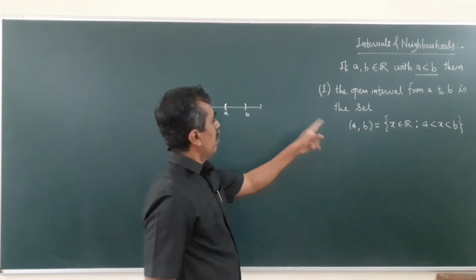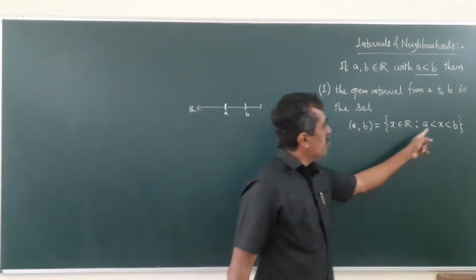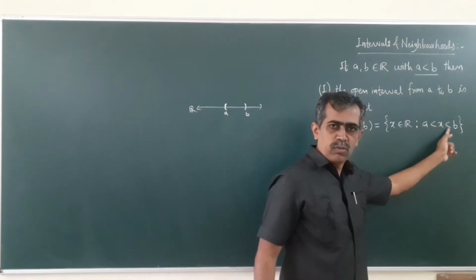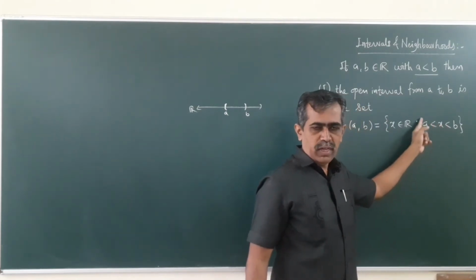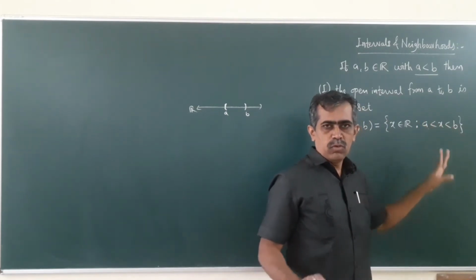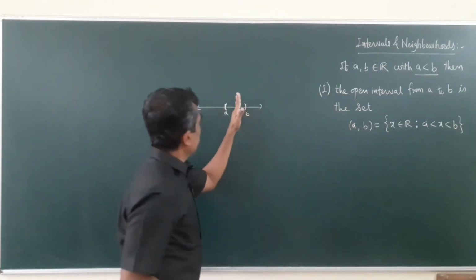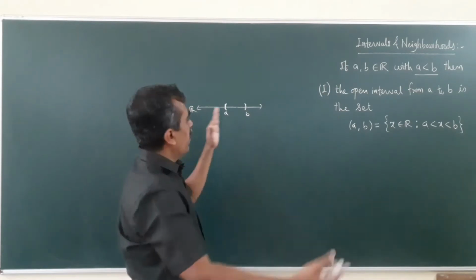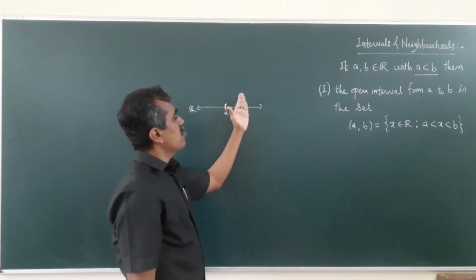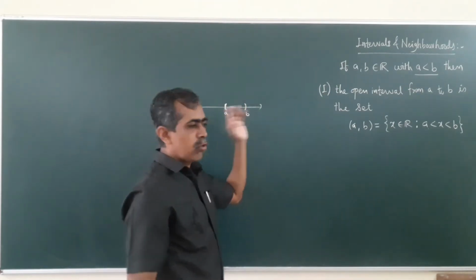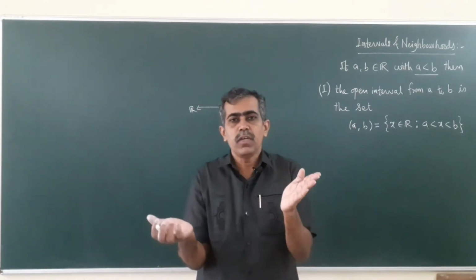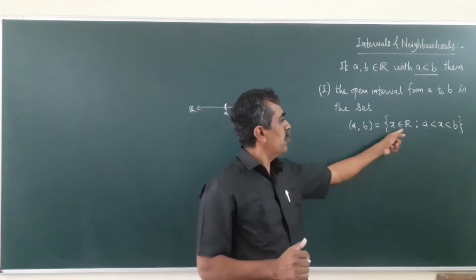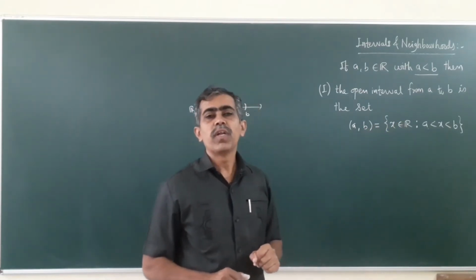In an open interval, we don't consider A because there is no equal to sign. So X cannot be equal to A and X cannot be equal to B. X is strictly greater than A, to the right of A, and strictly less than B, to the left of B. Such a collection of real numbers is called the open interval AB.